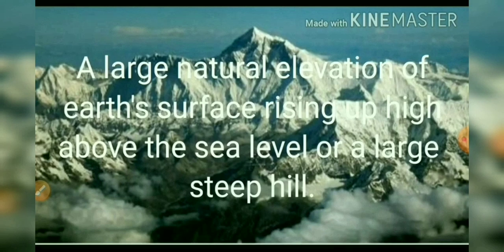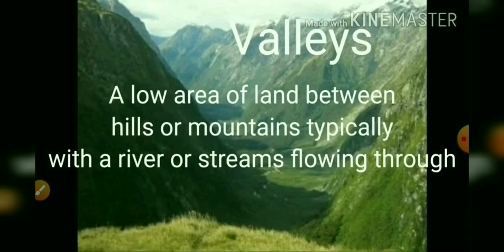A large natural elevation of Earth's surface rising up high above the sea level, or a large steep hill, is called a mountain. Valleys: a low area of land between hills or mountains, typically with a river or streams flowing through.